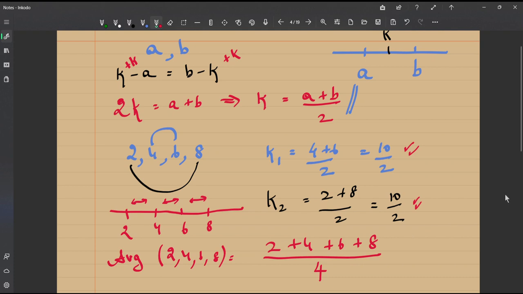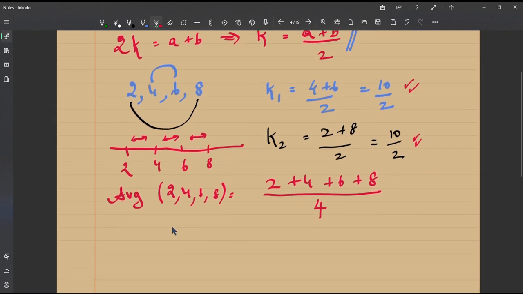So can I just rearrange this average and write it as (2 plus 8) by 4 plus (4 plus 6) by 4. I haven't done anything much. I haven't altered the value at all. It's still equal. I've just added the first and the last term first, and the second and the second-last term later. Right?